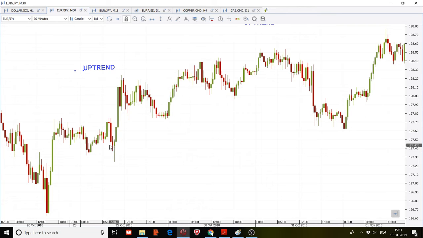The closing price is higher than this, and simply it will come to mind that the instrument is in an uptrend, because price is moving to higher levels and every time it is making a series of higher swing highs. This swing high is higher than this, and this swing high is higher than this. A swing high is the highest point in that series. So in this series this is the highest point, and in this series this is the highest point.